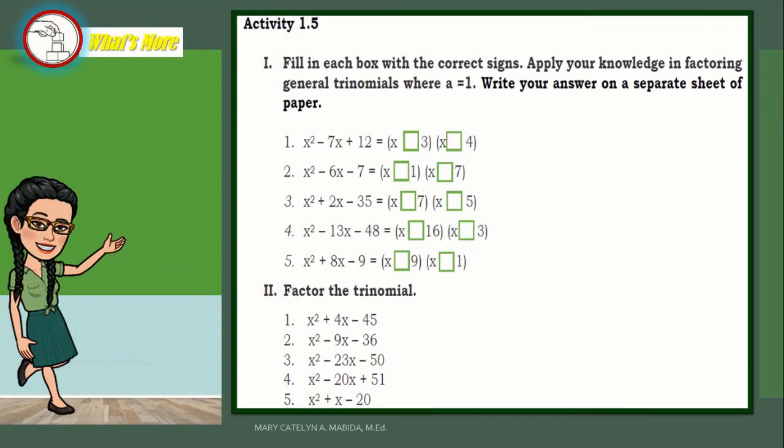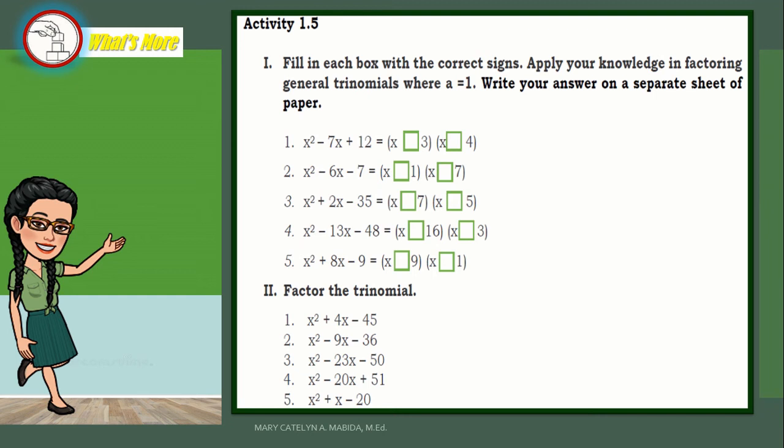That's so easy. Now what's more? This time, it's your turn. We have activity 1.5 and there are 2 sets of activities. Set number 1, fill in the box with the correct signs and apply your knowledge in factoring general trinomials where a is equal to 1.